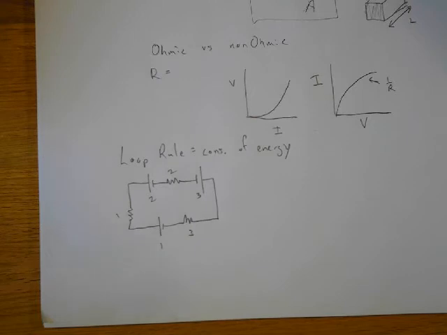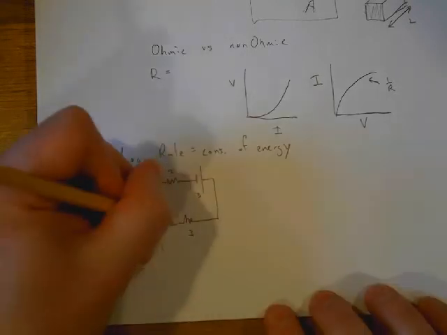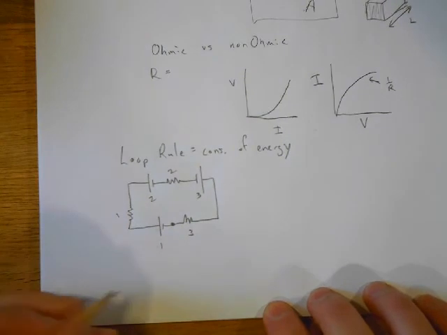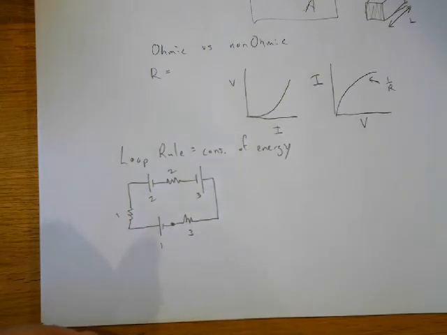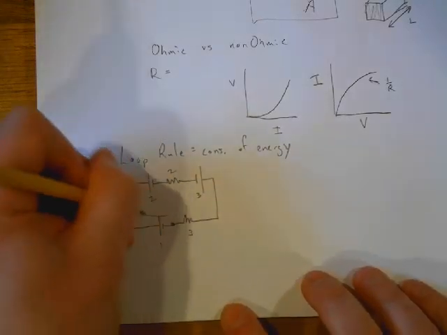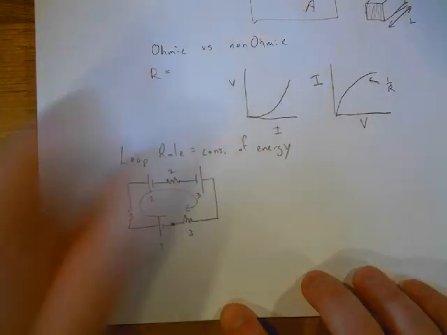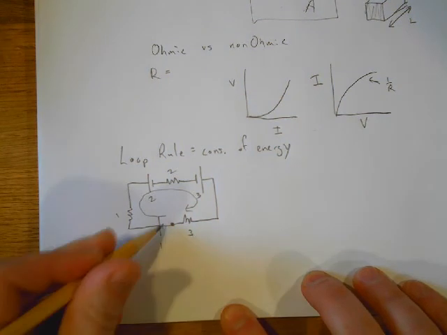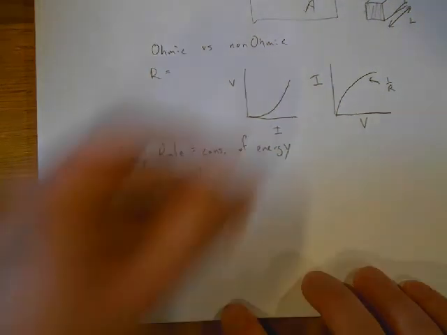So if you wanted to write out a loop rule equation here, you have to pick a point. Okay, remember, this is not a memorized thing. This is an understand thing. So let's pick right here. And then you have to decide. If you don't know, you have to guess, and then you do the math, and then your math is going to tell you. But let's say we guess that the current is going to go around that way.